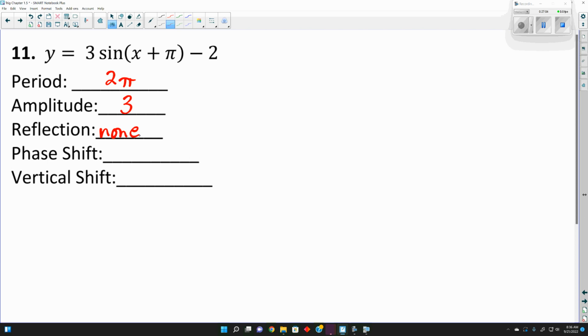At this time, we do have a phase shift, and it is pi, but it would be negative pi. Because since we have plus inside the parentheses, it means the phase shift's amount is going to be negative. And our vertical shift is negative 2. And that's it. Any questions on any of this here?